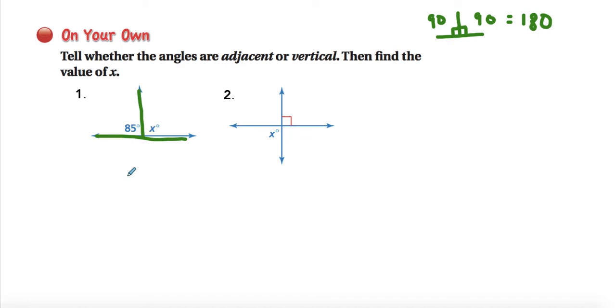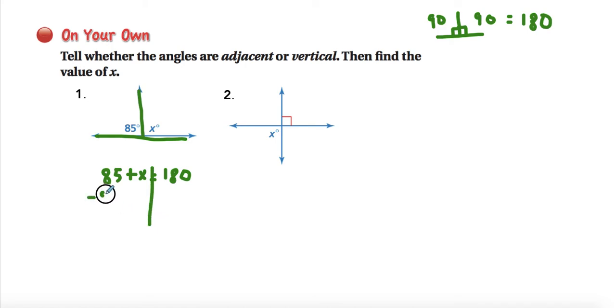So let's set up our problem. 85 plus x will equal 180 degrees. To get x by itself, I'm going to use inverse operations.